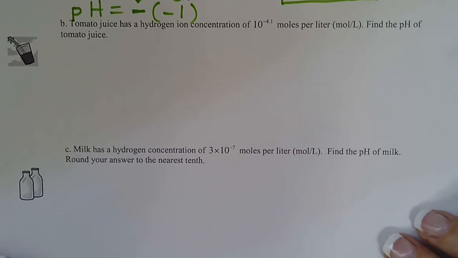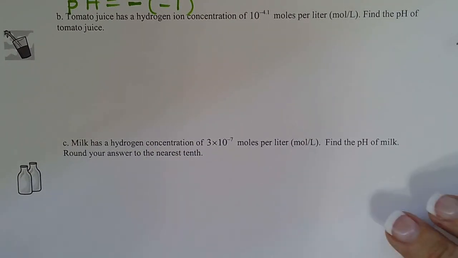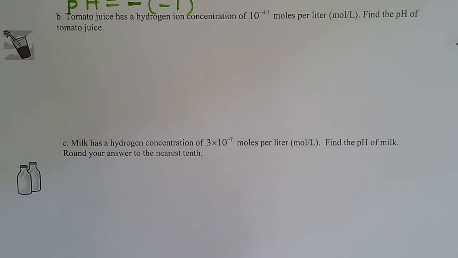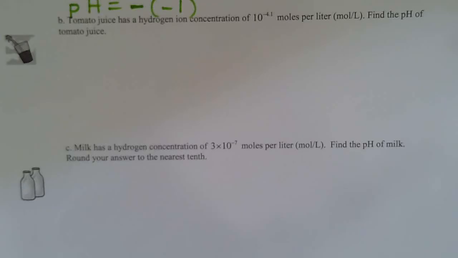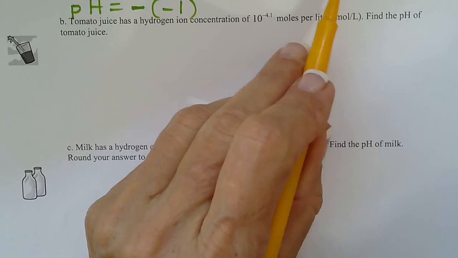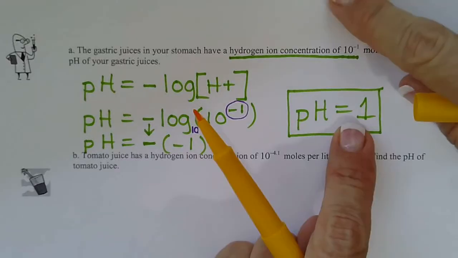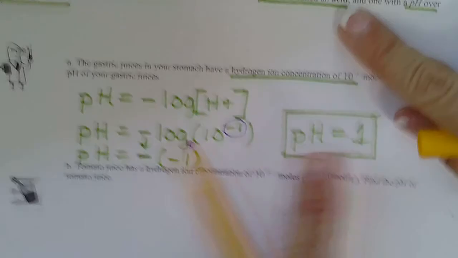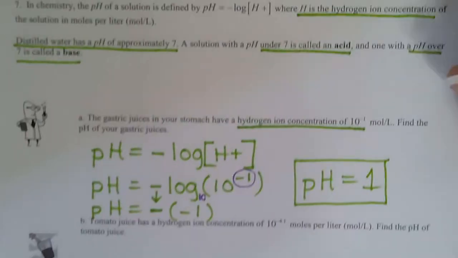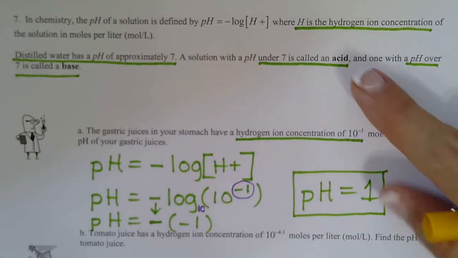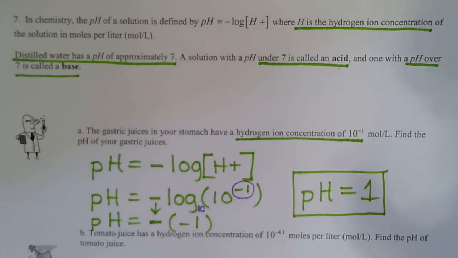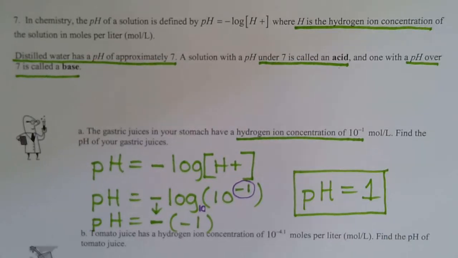So let's do one more, and then you guys can try one on your own. So, tomato juice. We just learned that your gastric juices are very acidic, right? Anything under 7 is acidic, and these are 1. So that's why people get ulcers, because that acid eats through their stomach.